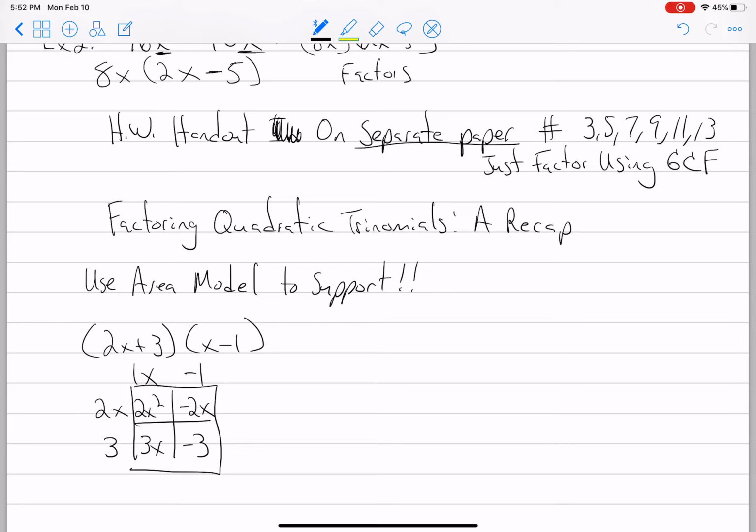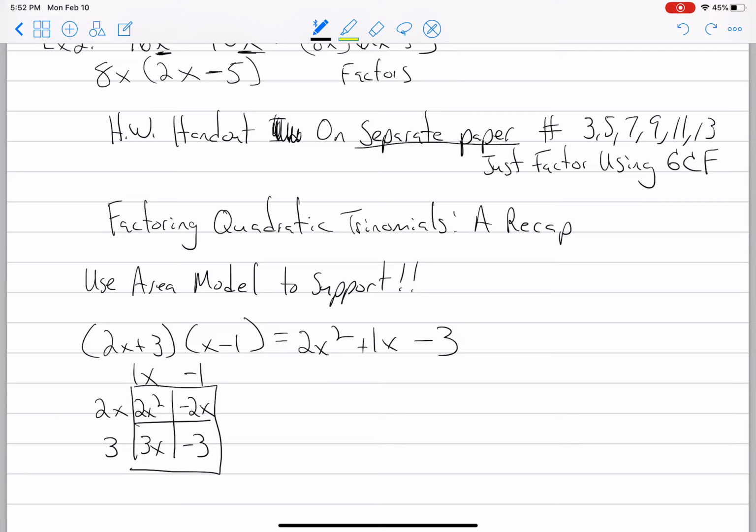Okay? And then we see that when I put all that together, it becomes the quadratic trinomial of 2x squared. Put these like terms together right here, which gives me a plus 1x minus 3. Okay? So we've seen that these two things are equivalent.